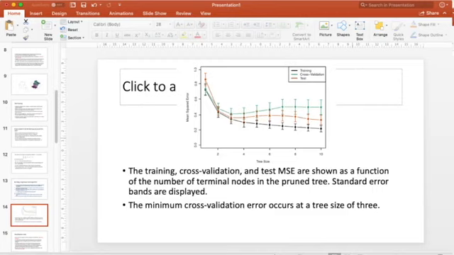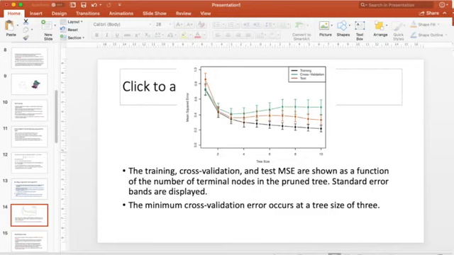Because as you increase the complexity of the model, as the tree grows larger, you're going to have a lower MSE. But here we also run the cross-validation, which is shown on the green curve, and we also have the testing error rate here. If you look at all three of them, the minimum is when the tree size is equal to 3.